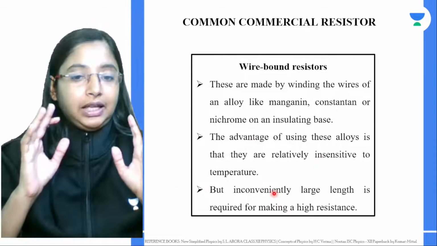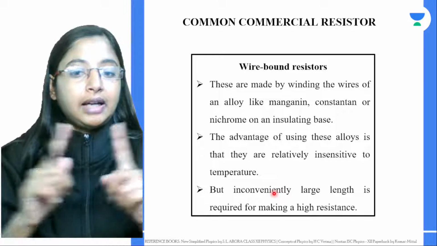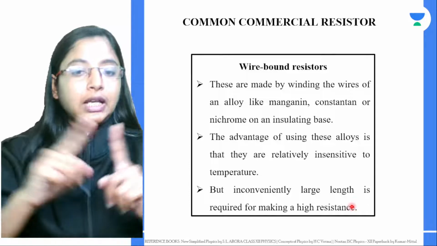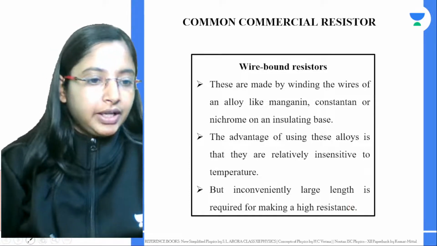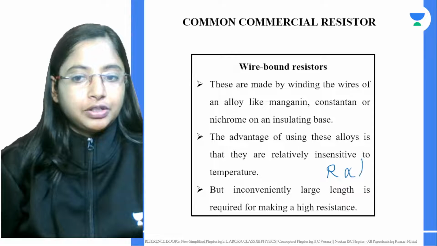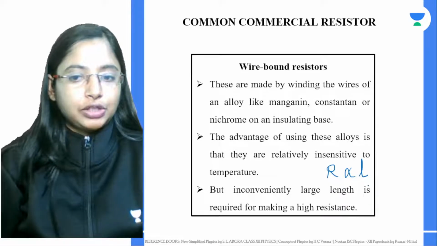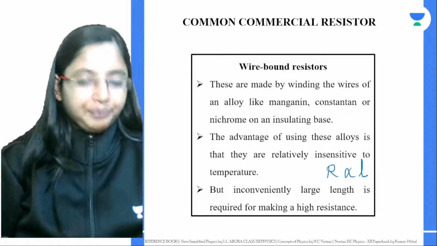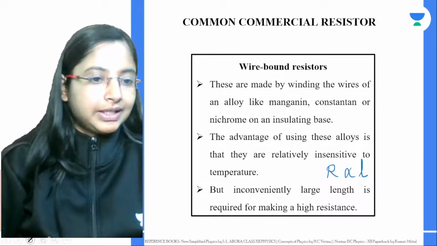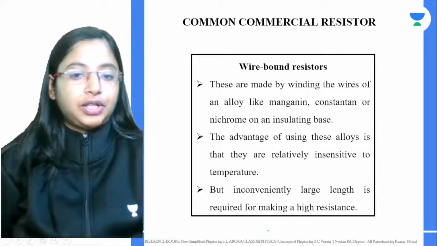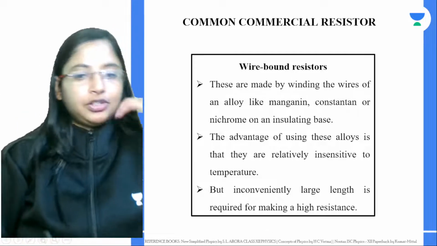But one inconvenience is that a large length is required if you want to make a resistance with a high value. Resistance is proportional to L, R is proportional to L. So if you want to increase the resistance, you have to increase the length of the wire. To get a very high resistance, you have to take a very large length of wire. That is one of the disadvantages.